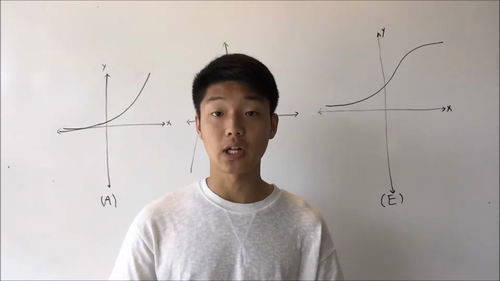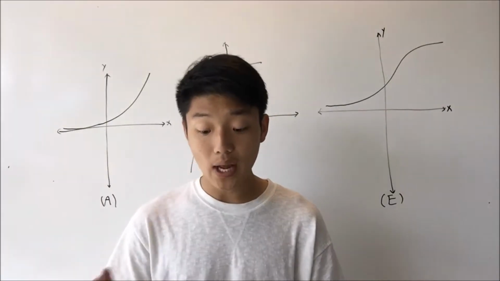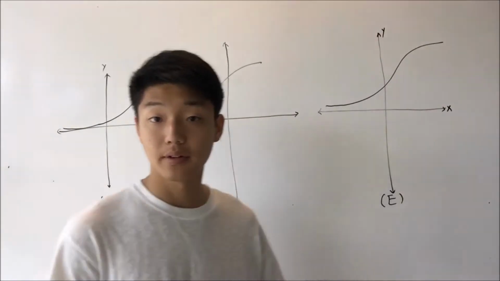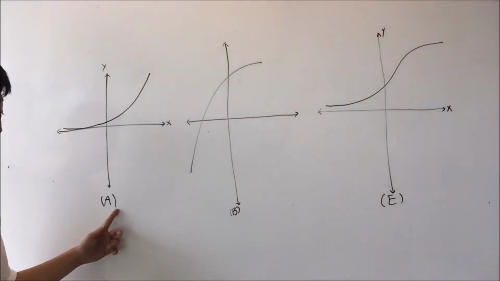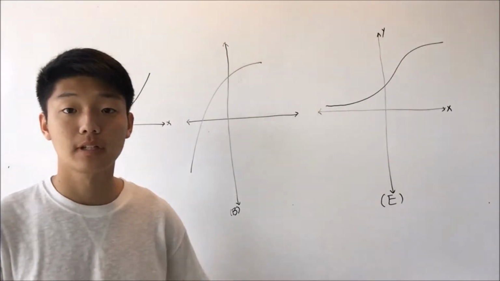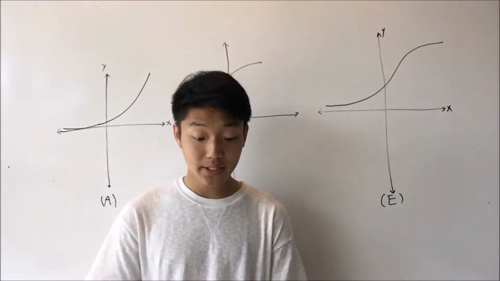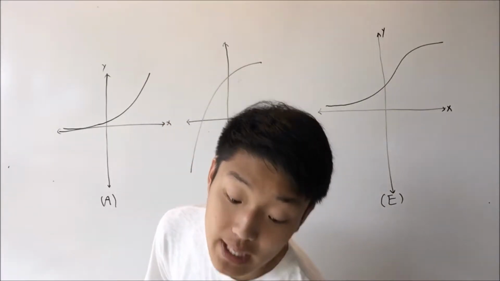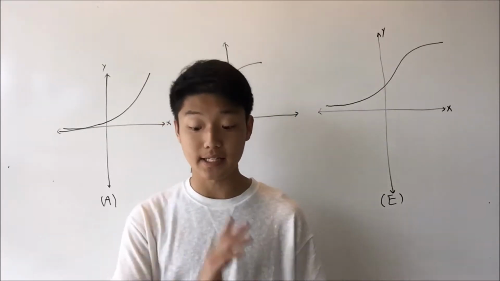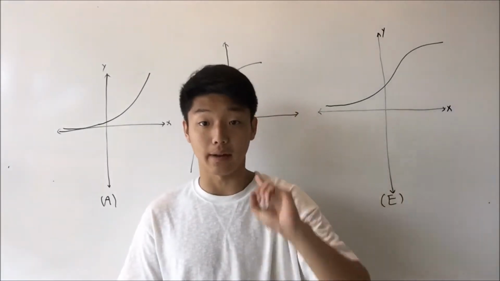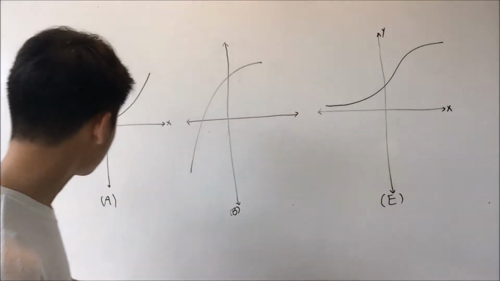Because we crossed off C and D, now A, B, and E are left. So, how do I do this? Because y double prime is less than 0, that means it's concave down because it's negative. So, let's start with A.